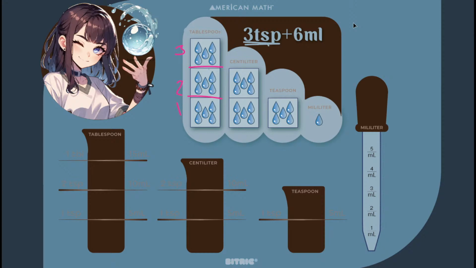First, we know that we need 3 teaspoons. What we could do is count up with our dropper to get it exact. So we could do 1, 2, 3, 4, 5 milliliters. Then we'd carry that all the way across our little kitchen and drop that into our teaspoon cup.